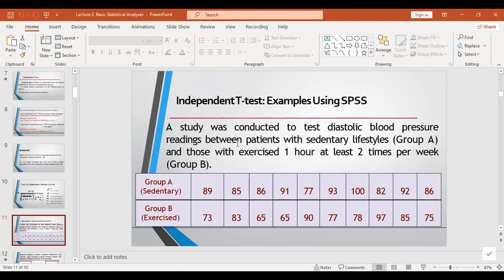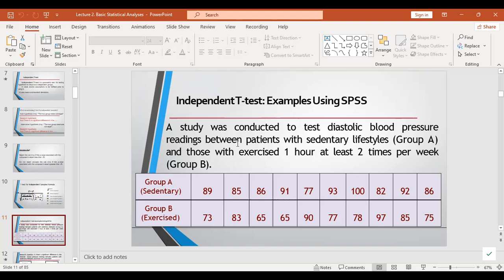Okay. In here, a study was conducted to test diastolic blood pressure readings between patients with sedentary lifestyle, so group A, and those who exercise 1 hour at least 2 times per week, so group B. So basically, you're going to compare the diastolic blood pressure of those patients with sedentary lifestyle, or those patients who did not exercise, and those patients who exercise for at least an hour at least 2 times per week.